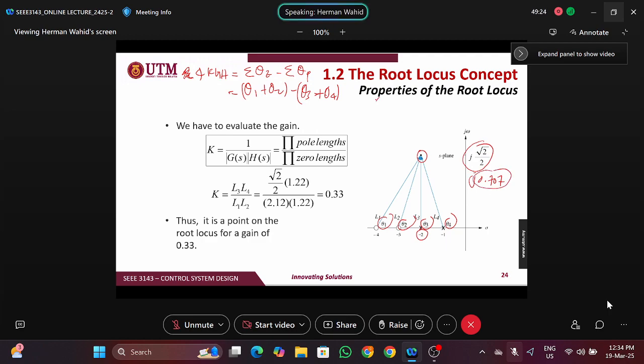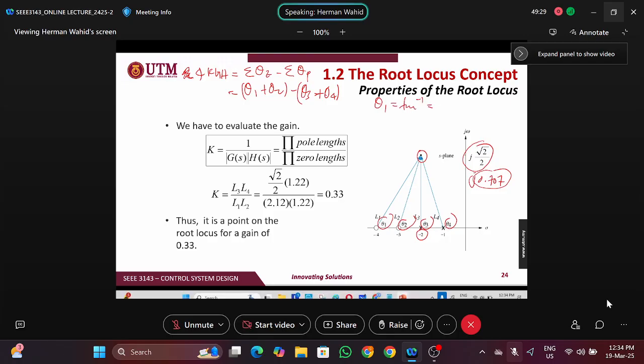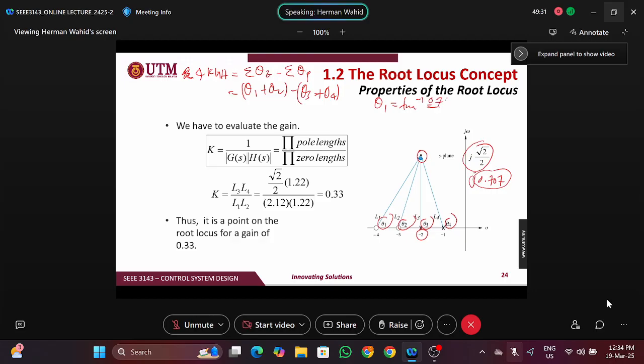We define theta 1 as tangent inverse of 0.707 divided by 2, and so on. Theta 2 is tangent inverse of 0.707 divided by 1, and theta 3 is equal to 90 degrees. Theta 4 is equal to 180 degrees minus tangent inverse of 0.707 divided by 1.